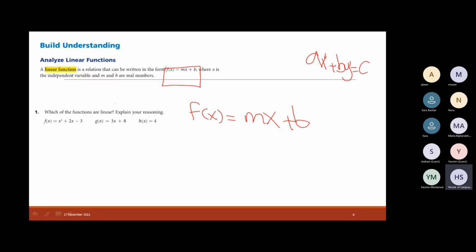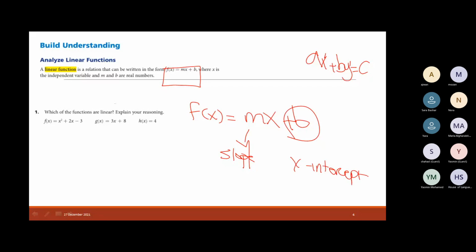Here, in the equation, I told you a, b, c are coefficients, only numbers. But here no: m must be the slope, and b must be the y-intercept. So remember, b is the y-intercept, m is the slope.